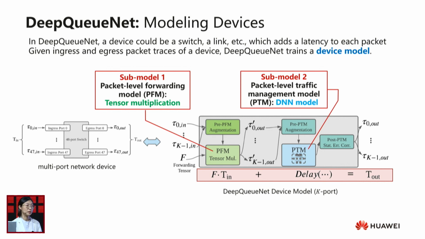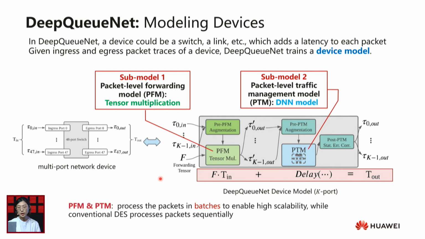The former is a tensor multiplication, and the latter is based on a DNN model. We can regard the device as a complicated function, which gives a relationship between the input flow and the output flow. The PFM and the PTM process packets in batches to enable high scalability, while conventional discrete event simulation usually processes packets sequentially.